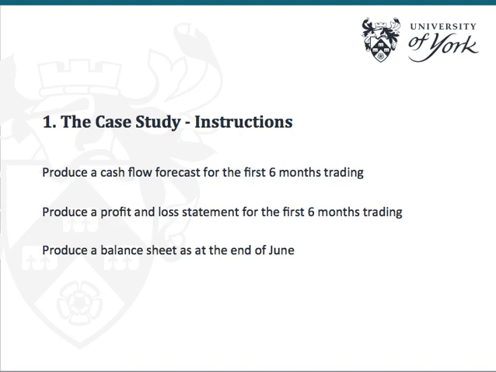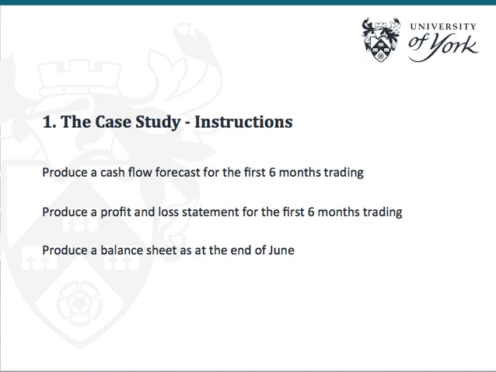The profit and loss statement is one profit and loss statement for all of the 6 months, not 6 monthly statements. It's 1 column of numbers. And the balance sheet, we remind you, is the statement of worth of the company at the end of June. Okay, so that's the case.